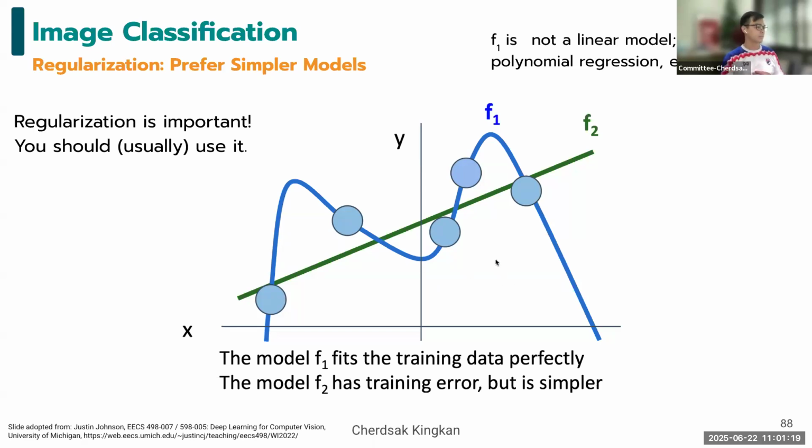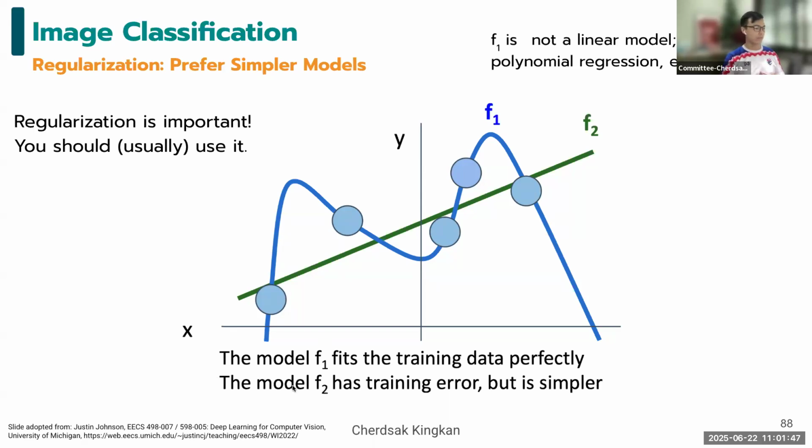For example, we have these four dots, and we want to find a model that represents this data set, that fits this data set. Model F1 fits perfectly with the data, but model F2 has training errors, but it's simple.